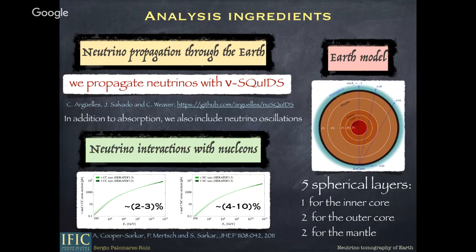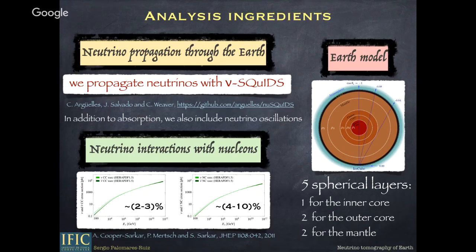We checked using different density profiles within layers. But in the end, a good compromise was to consider 5 spherical layers with a flat density within each layer, and that is perfectly fine. Any other possibility would give similar results with the current statistics. Basically, we considered 1 layer for the inner core, 2 layers for the outer core, and 2 layers for the mantle.